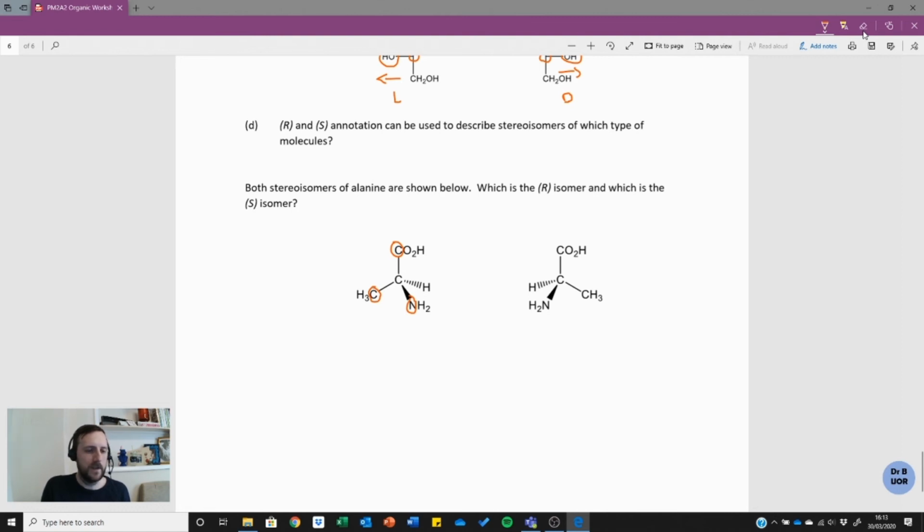Alright, so it all comes down to priority again. So if we just put in the atomic numbers of the ones that are directly bound, we've got 6 for carbon, 6 for carbon, 7 for nitrogen, I believe. I'll just double check. I do have a habit of forgetting them from time to time. Yep, number 7.